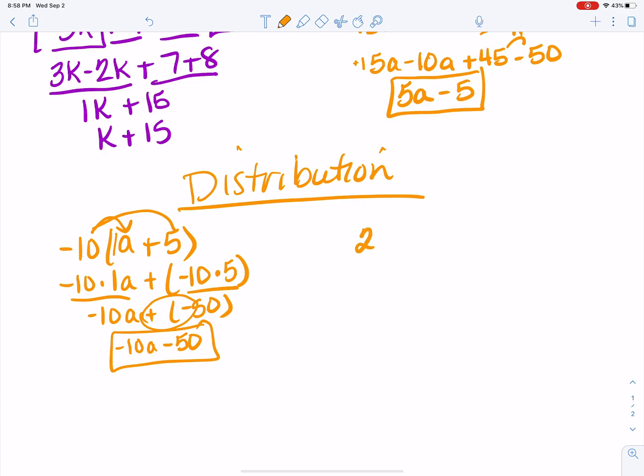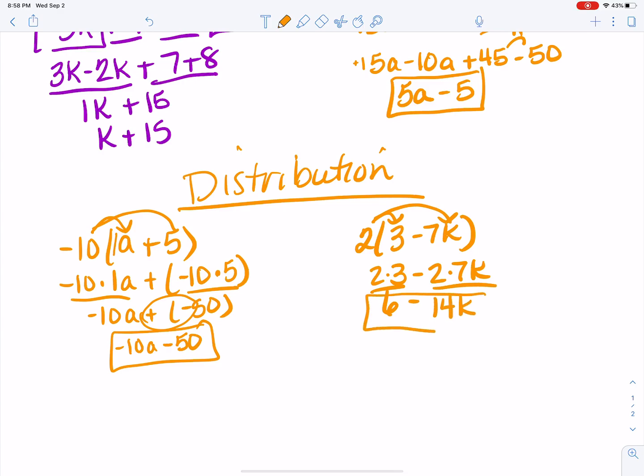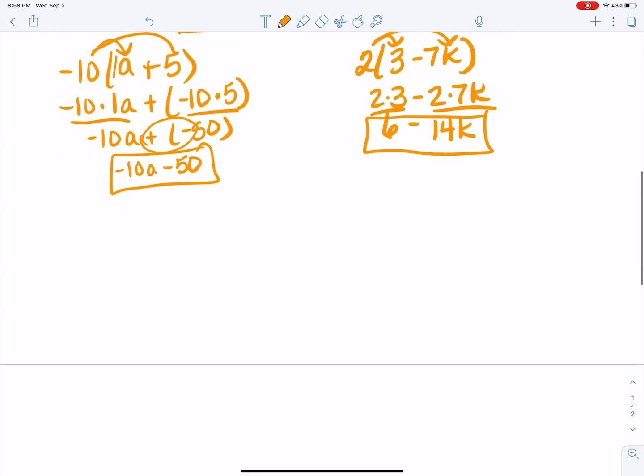The next problem is 2 times 3 minus 7k. That would be 2 times 3 minus 2 times 7k. 6 minus 14k. Final answer. We're going to do one more just for good measure. What happens if it was 4 plus 2a with a 7 on this side? Does that matter?